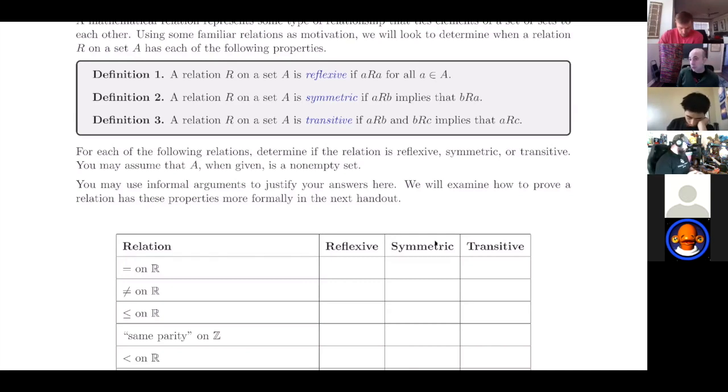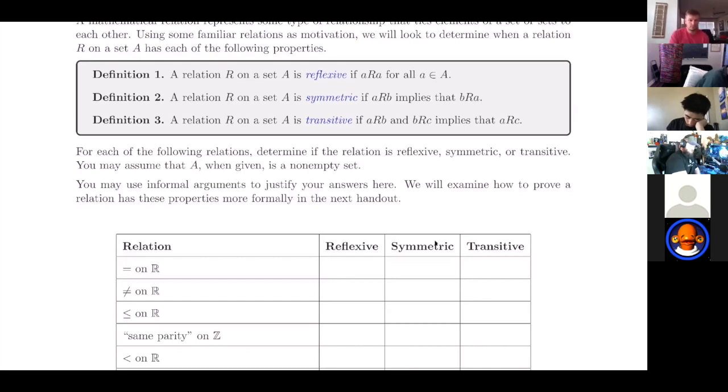So for the equality relation, what we'd want to check on the real numbers. We have a relation defined on a set, so we need both some rule for the relation as well as a set to go along with that.